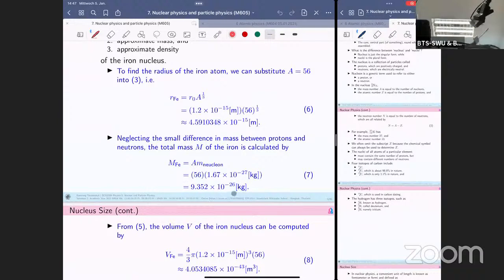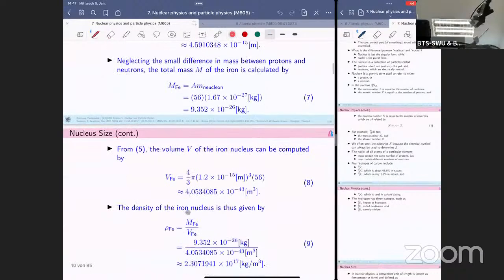After you make the multiplication, you get 9.352 times 10⁻²⁶ kilogram. Next, the volume V of the iron nucleus can be computed as follows.